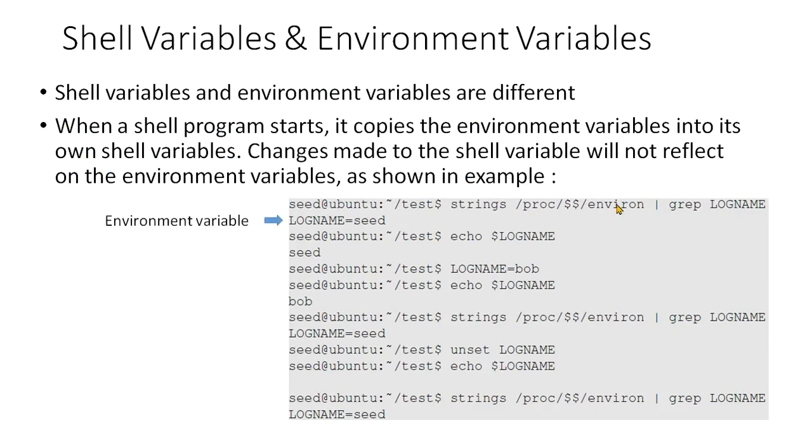You see that this is the environment variables of the current process. So its LOGNAME is seed. But when this shell is run, this set of environment variables are also copied to the shell variables, and they have the same name. So when we echo $LOGNAME here, this is not an environment variable, but a shell variable.